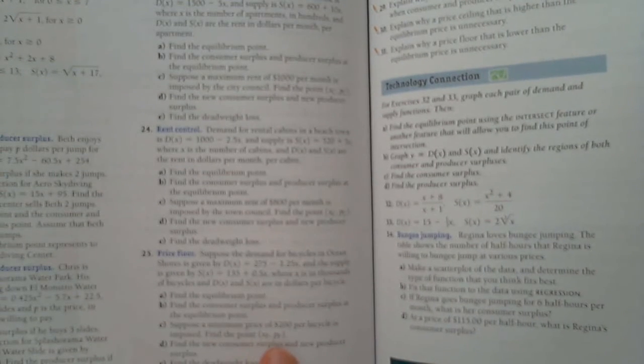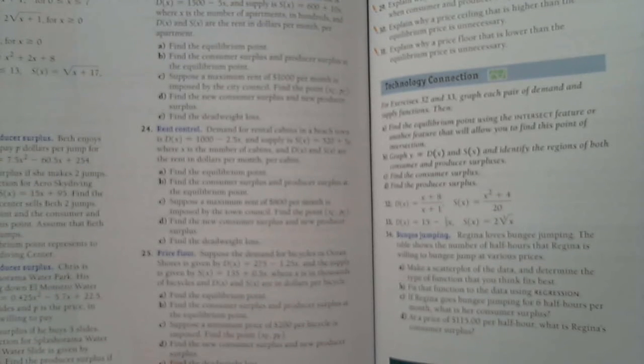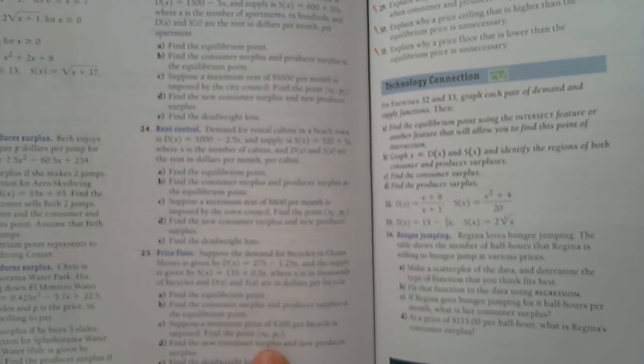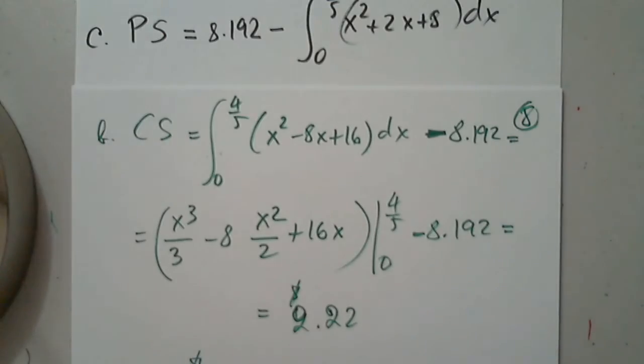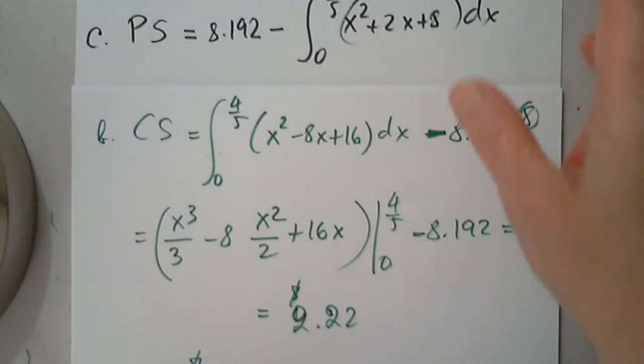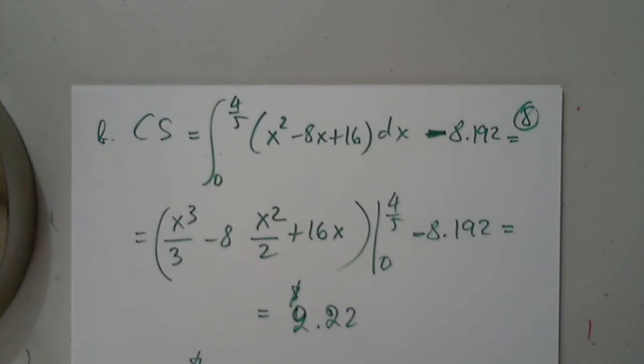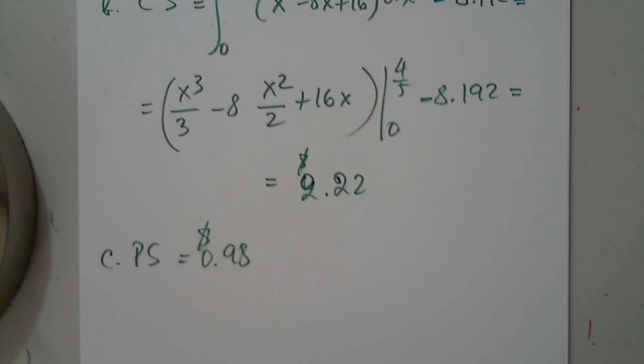Suppose a minimum price of 200 per bicycle is imposed. Find the point for that 200. Find the new consumer surplus and the new producer surplus, and find the deadweight loss, and so on and so forth, if they sell only 200. Okay, so we'll see. We hope to be able to finish this problem. If not, this is the entire section. We just have to practice.